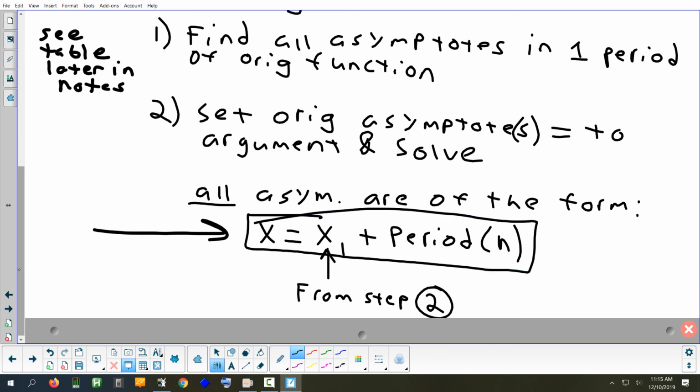But the key is you have to find at least one asymptote to start. And then you can say, okay, that asymptote repeats forever every 180 degrees, or whatever the period is. Right, so we're going to try a few examples of that.